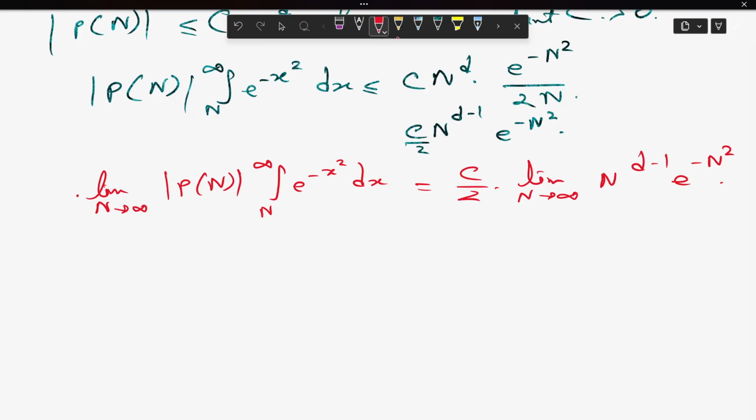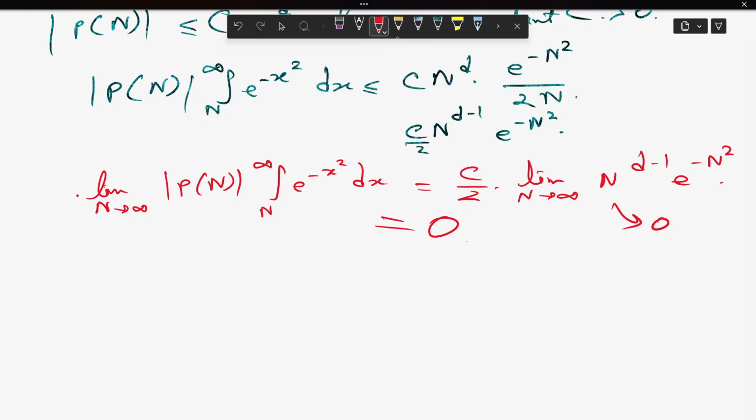Now exponentials dominate polynomials. So for any d greater than or equal to 1, this limit is 0. So c by 2 times 0 is 0, and we have proved that the limit equals 0.